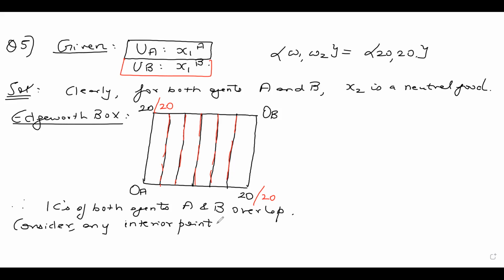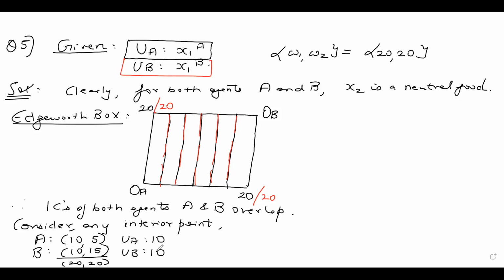Suppose in the interior, A has (10, 5), let's say, and B has the remaining (10, 15). Then the utility which A gets is only from good 1, and the utility which B gets is only from good 1. There is no trade which can make one of the parties better off without making the other party worse off.